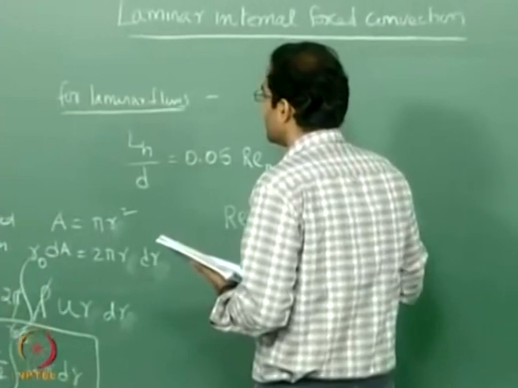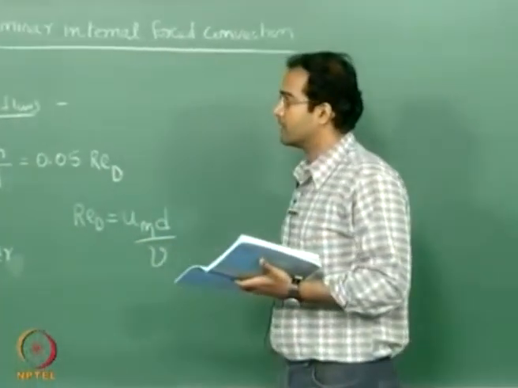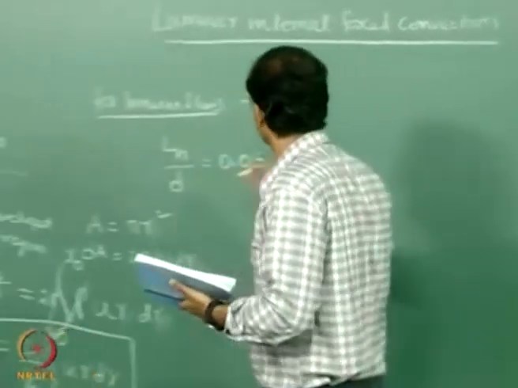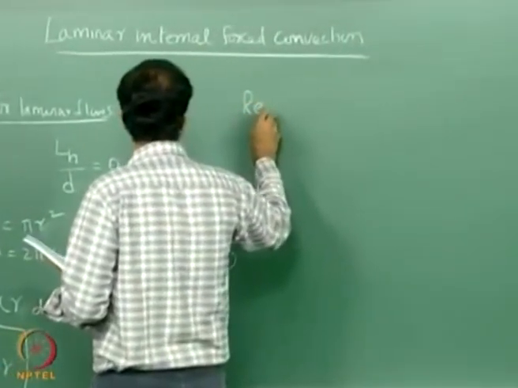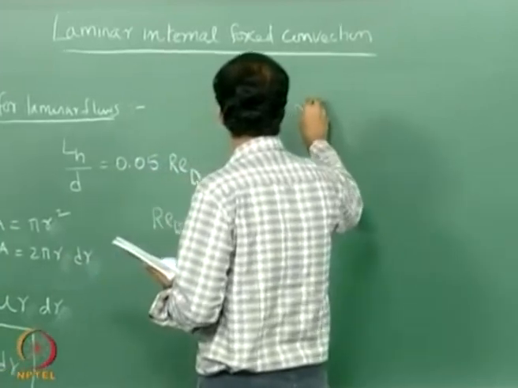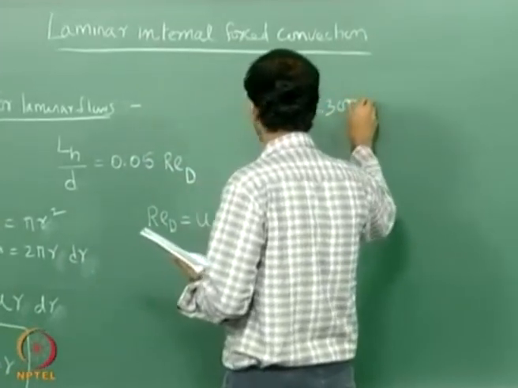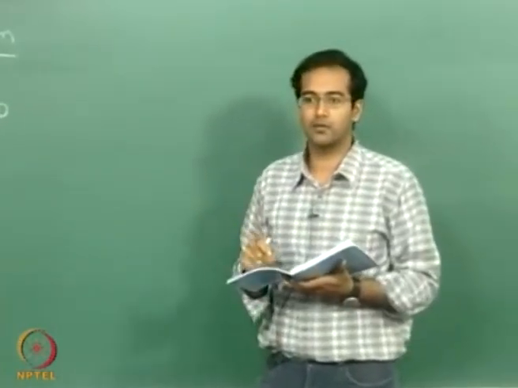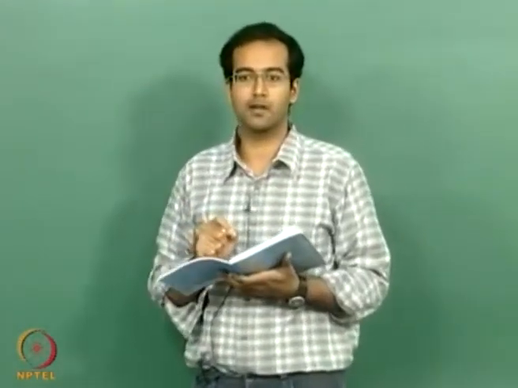For typical duct flows or flow between two plates, the critical Reynolds number for transition to turbulence will be approximately 2300.